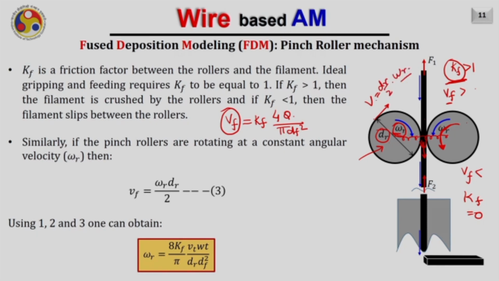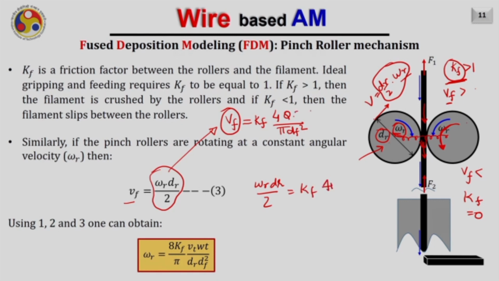If you assume that there is no slip between the roller and the wire, then the velocity of the wire will also equal this value, and hence your Vf will be equal to omega r dr by 2. Hence I can put this value here. As a result, I will have omega r dr by 2 equals Kf into 4Q divided by pi df square.